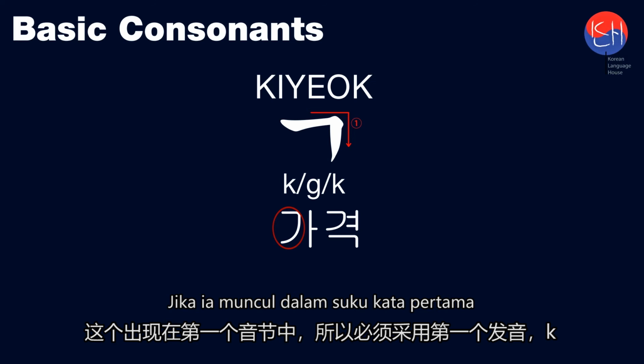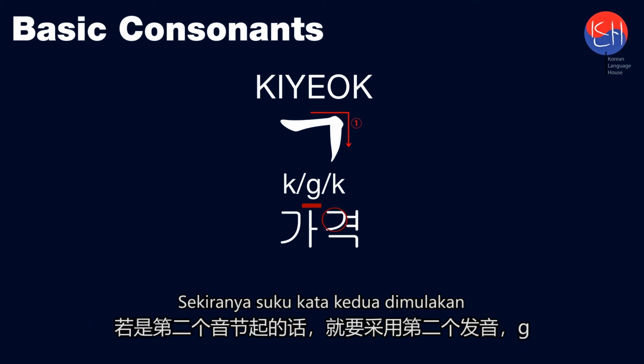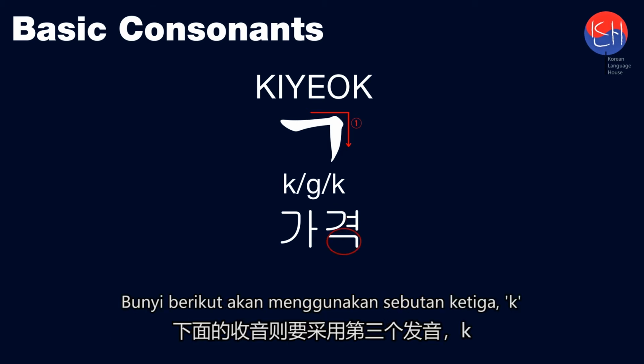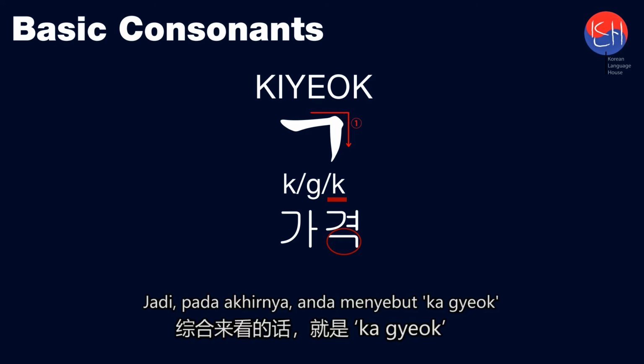This one appears in the first syllable of the word, which means you have to take the first sound, K. When it appears in the second syllable onwards, it means you have to take the middle sound, G. This one here is an ending consonant, the third consonant that's placed at the bottom of a word. In that case, you take the last sound, K. So the end result, 가격, 가격.